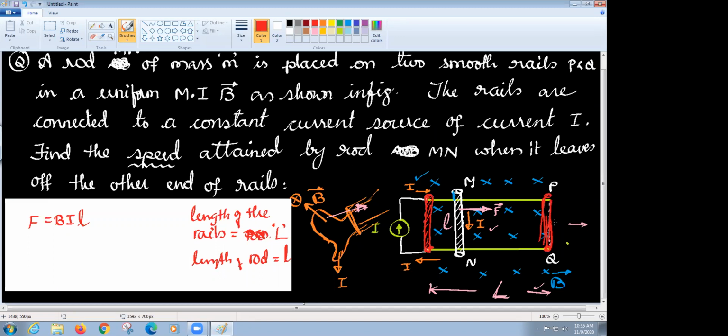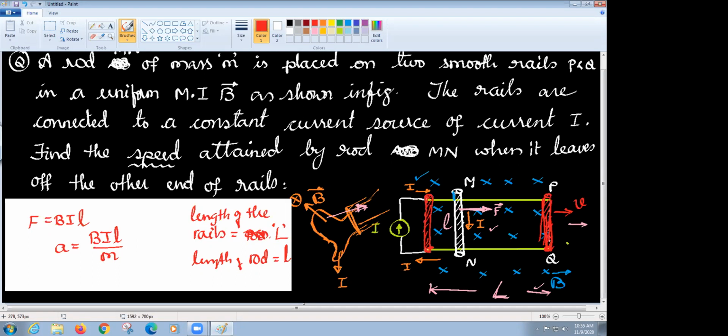Here you must see what is the final velocity attained by the rod at this point, so that it will leave the rails PQ with some speed, I can take V. For that I know the acceleration experienced is BIl by M.